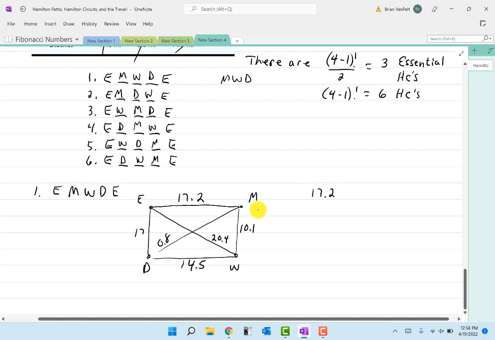And then MW, 10.1. WD, 14.5. And then DE, 17. Add these all up, and what do you get? $58.8.